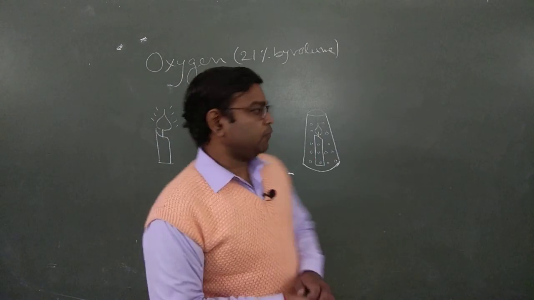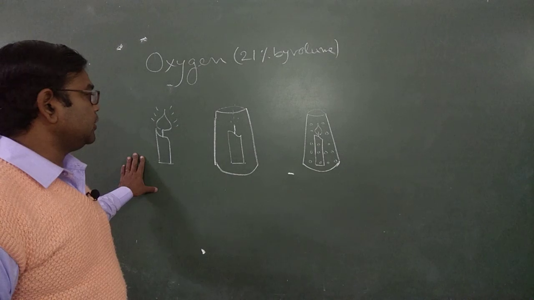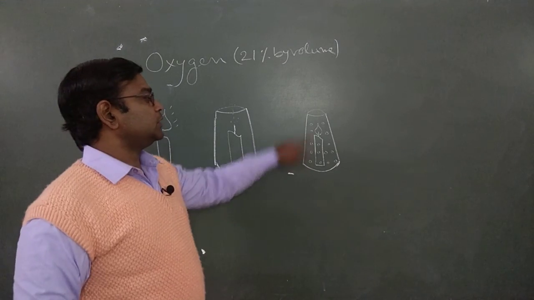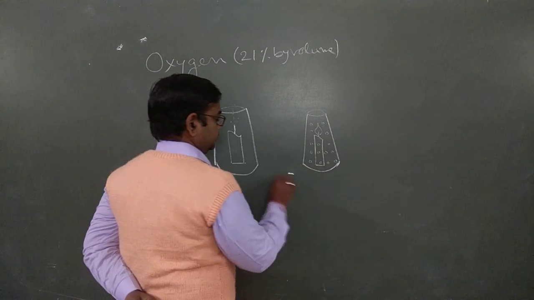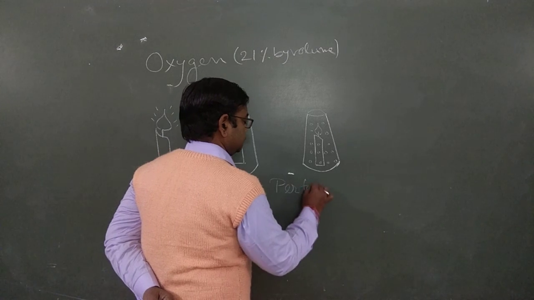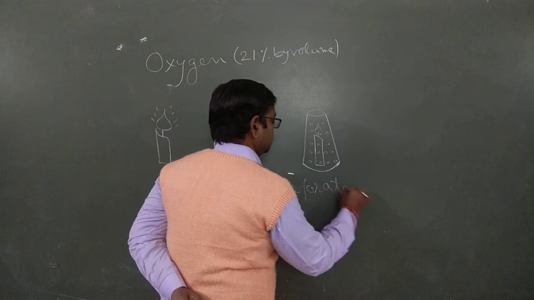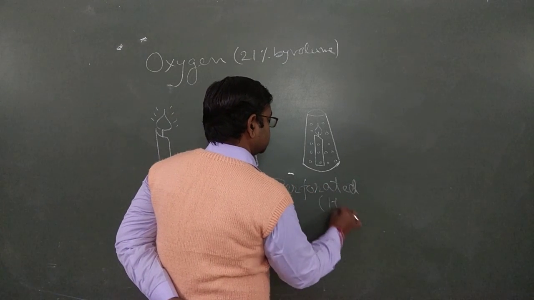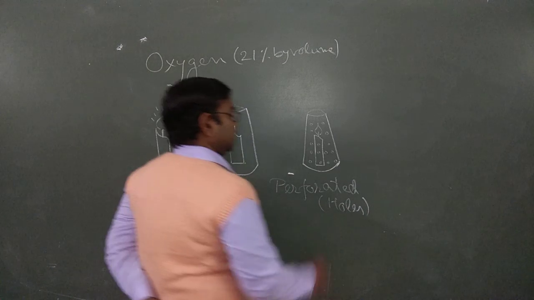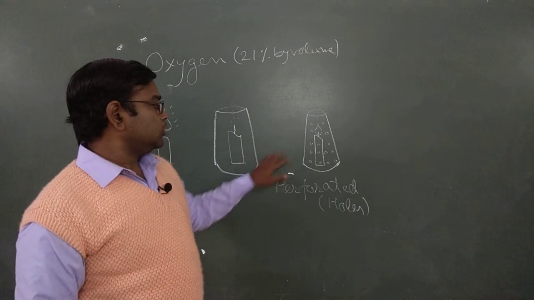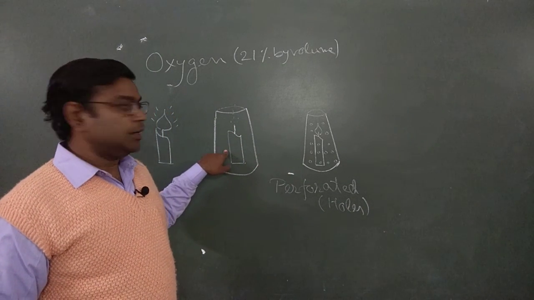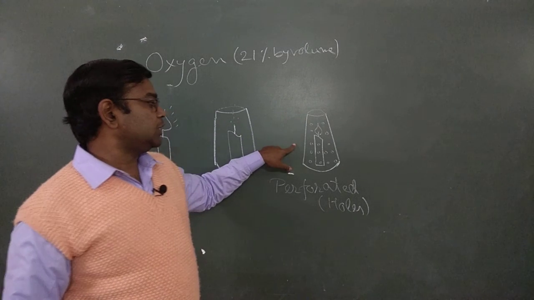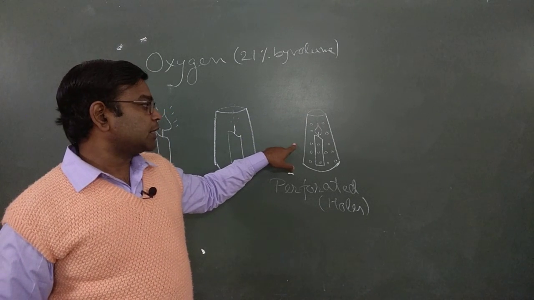Now if we repeat the same activity with a glass having some holes, known as a perforated glass, we again light the candle and invert the perforated glass above the candle.